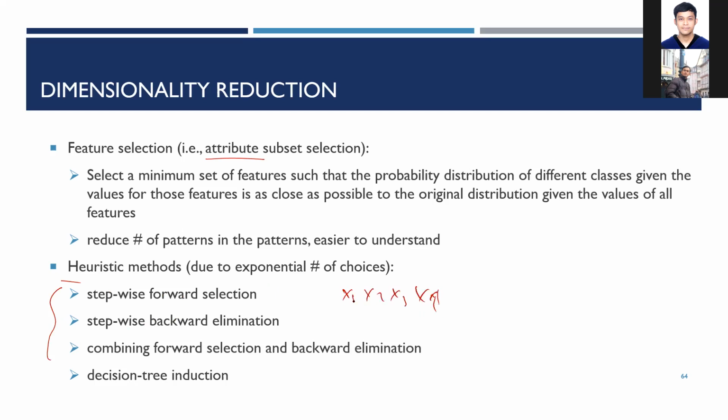Instead of using all of these attributes to predict y, in stepwise regression they will try to add one by one or reduce one by one. This is exactly the same idea. We also can use decision tree induction, but maybe I will skip this for now because I haven't taught you what a decision tree is.